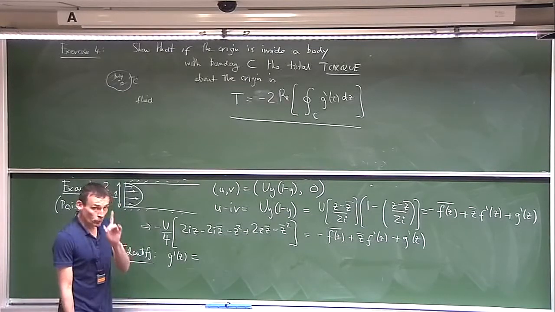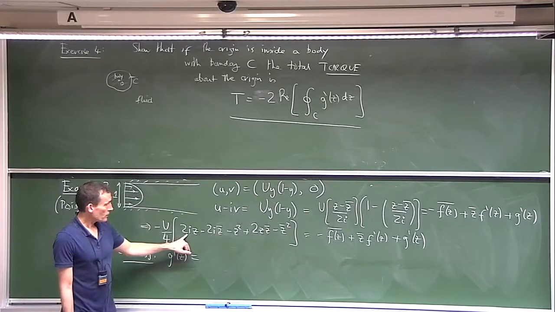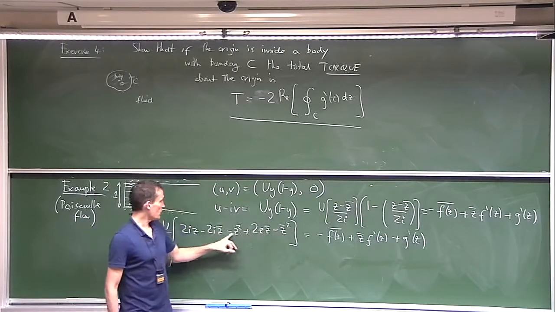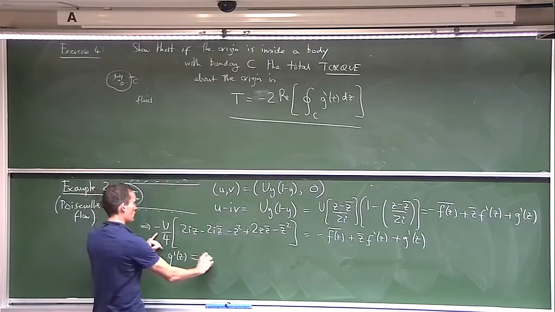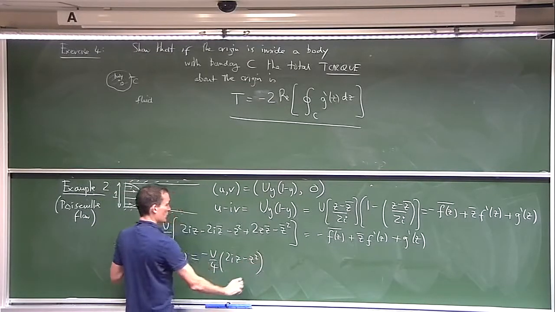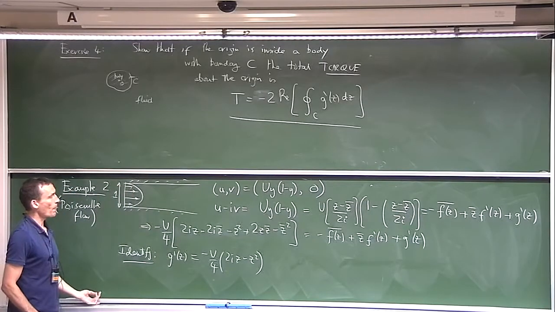You can usually spot g prime because it's the only analytic thing. So look, it looks like that's going to be part of it. That's not. That's not. That's not. Must be these two. So minus U over 4 (2iz minus z squared). What do you see?